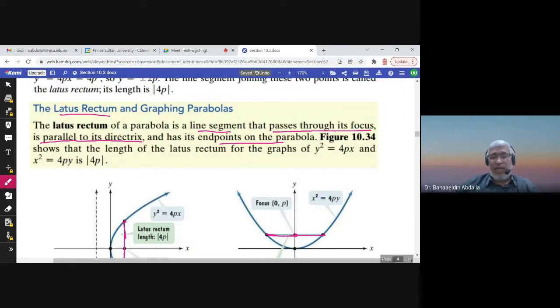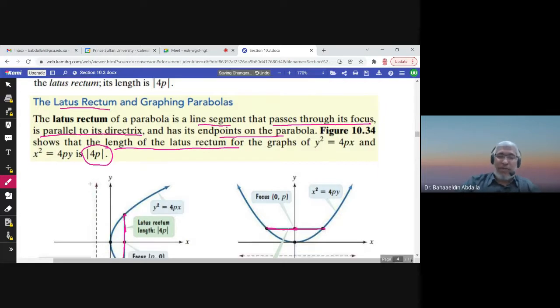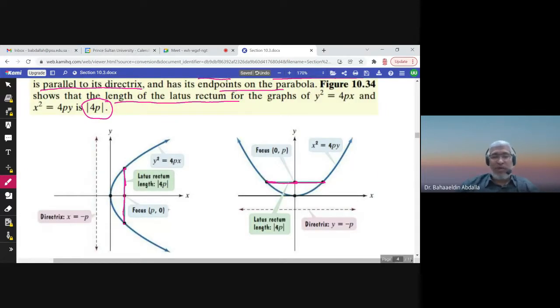So what is the length of the latus rectum? The length of the latus rectum is the absolute value of 4p. So 2p up and 2p down, 2p to the right and 2p to the left. The length of the whole line segment is the absolute value of 4p.